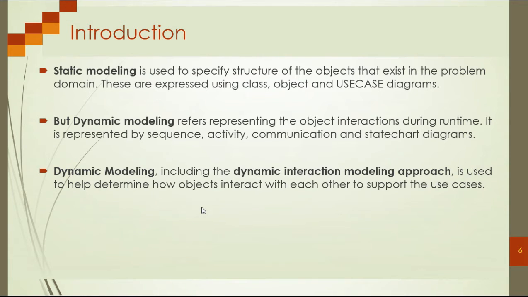In the dynamic model, we represent the interaction of these classes and objects. The dynamic model is used to express and model the behavior of the system over time. So the dynamic model uses some diagrams to express that, such as the sequence diagram, communication diagram, state chart diagram, and activity diagram. Such diagrams can be used to express the behavior of the system.